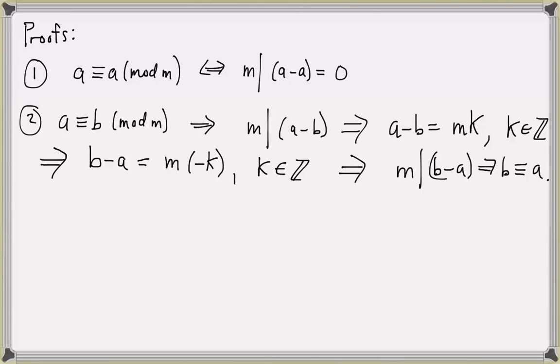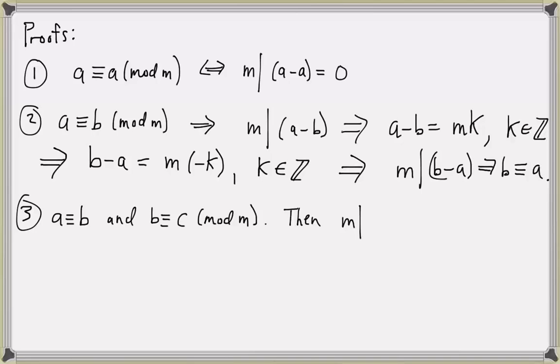Okay. So for part 3, assume that a is congruent to b and b is congruent to c mod m. Then by definition, m divides a minus b and m divides b minus c.